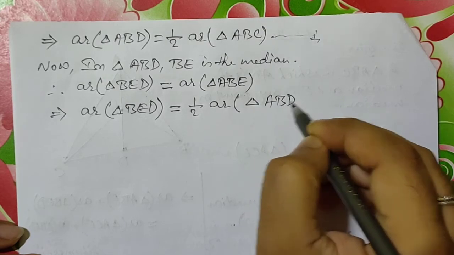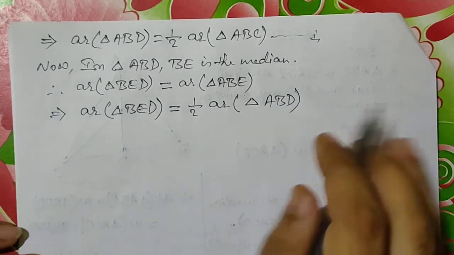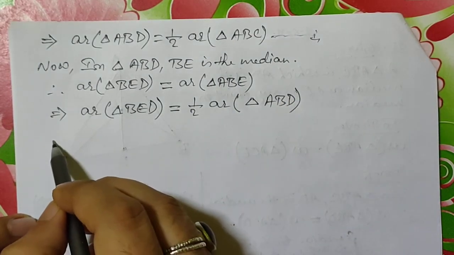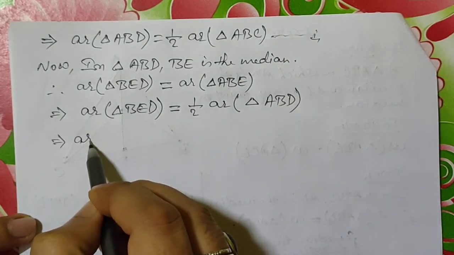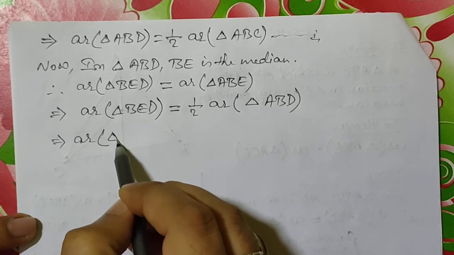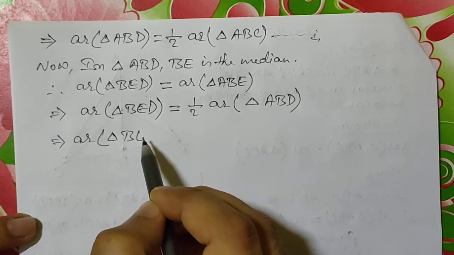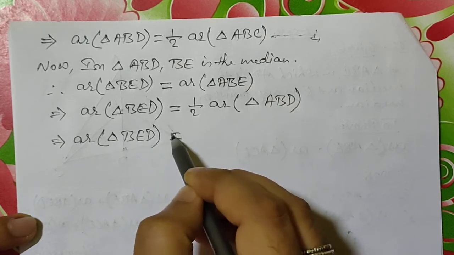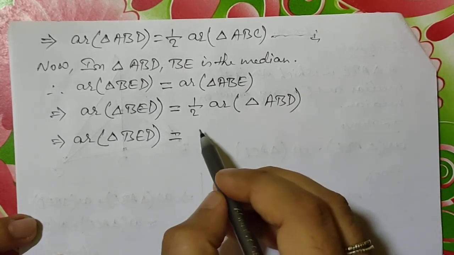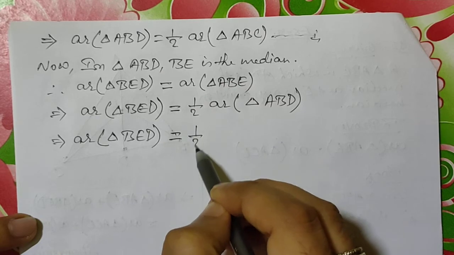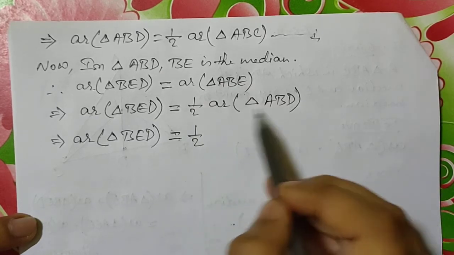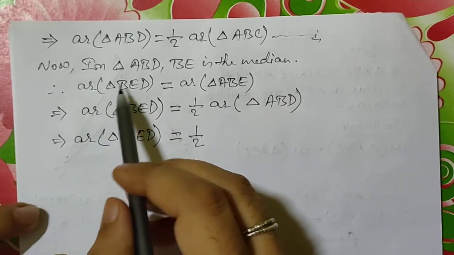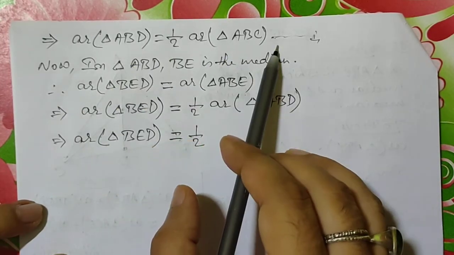Yes, 100% right. Now we will continue with this equation only. Area of triangle BED is equal to, leave this half as it is and focus on area of triangle ABD. Area of triangle ABD is equal to half area of triangle ABC. Already we had shown it.